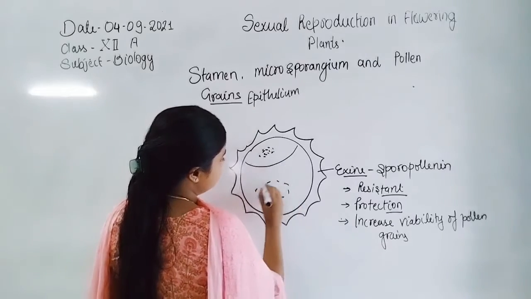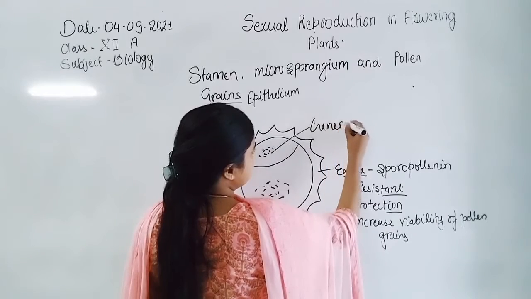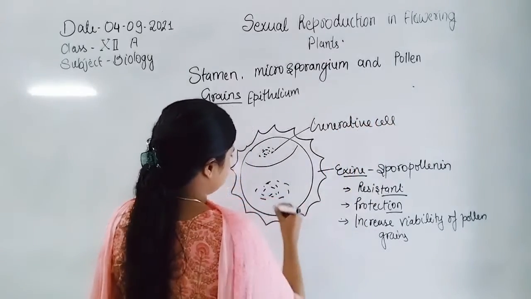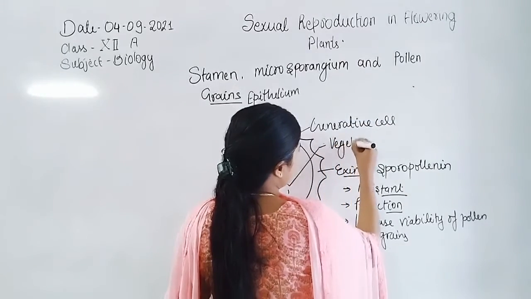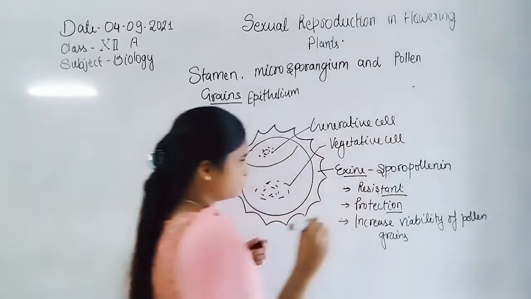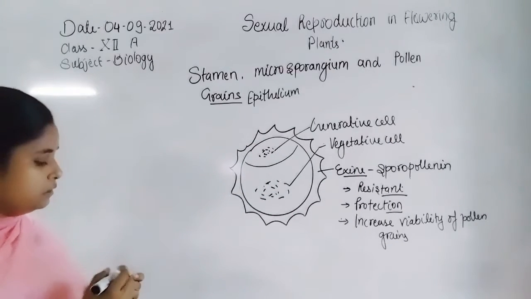Now here is the generative cell. This one is the large vegetative cell. The generative cell and the vegetative cell.